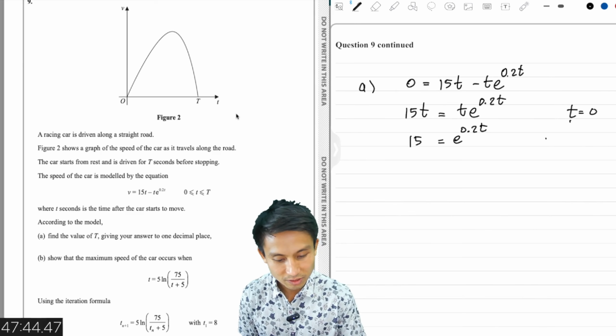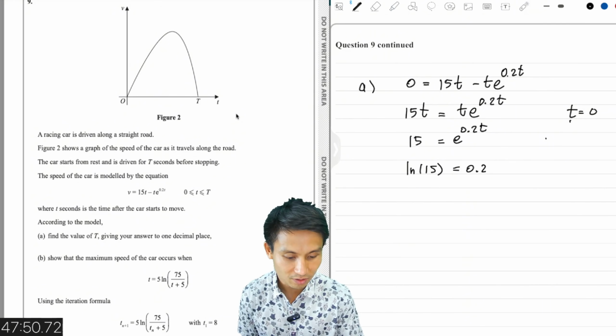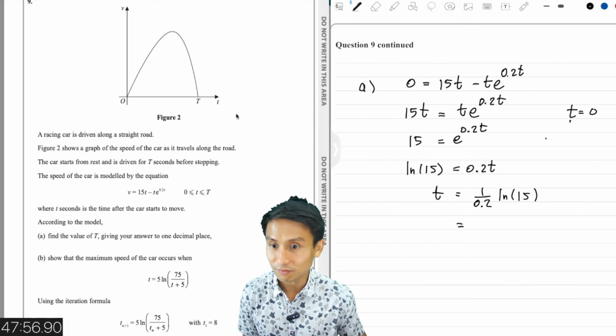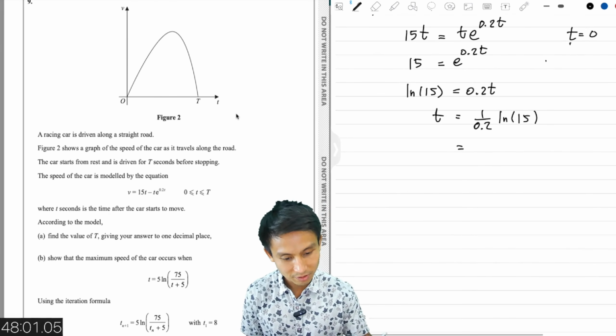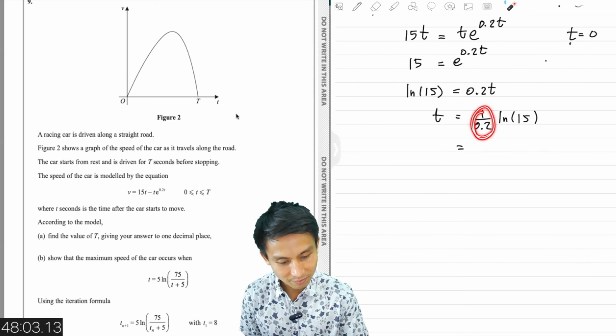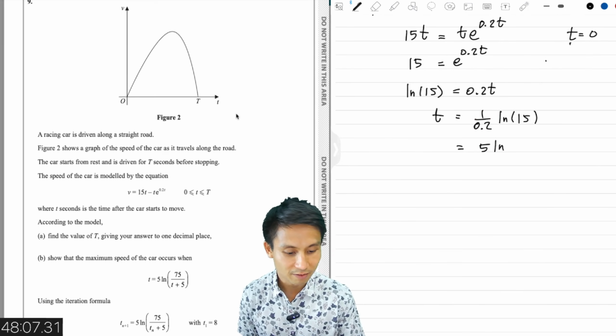t equals 0 here is one of the solutions because we cancel it out. Now, we solve for t here, so it's just ln 15. If you reverse the e there from the right side, then I bring 0.2t down, so t equals 1 over 0.2 ln 15. I'm going to have a simplified form first. So 1 over 0.2 is just 5, right? 5 ln 15.